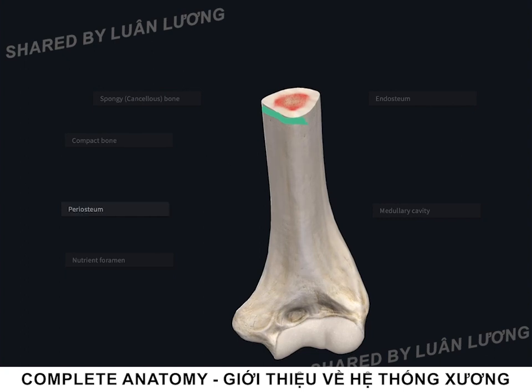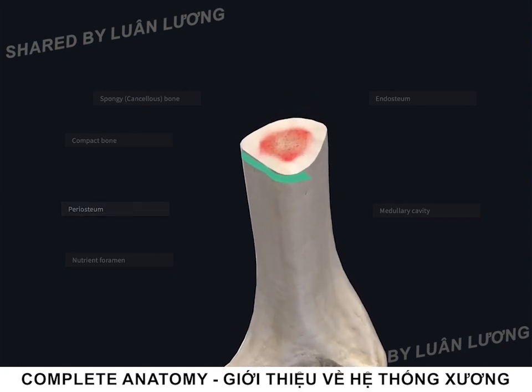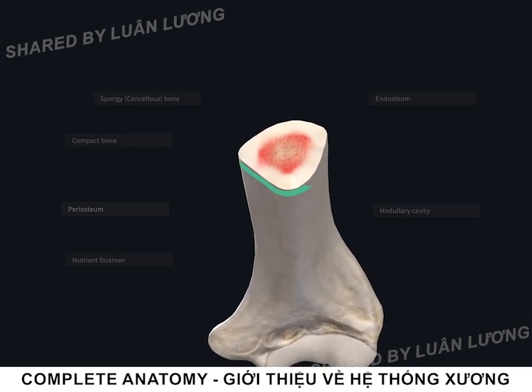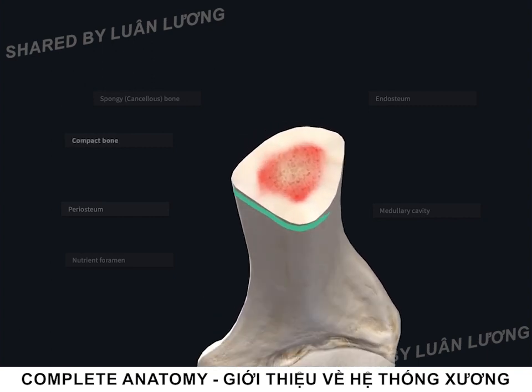It's going to surround the tough, dense bone that provides the strength and support of these bones, which is the compact bone. And we can see here that the compact bone forms the outer edge of this cross-sectional cut. Deep to the compact bone, we're going to have the spongy or cancellous bone that will be immediately deep to the compact bone.